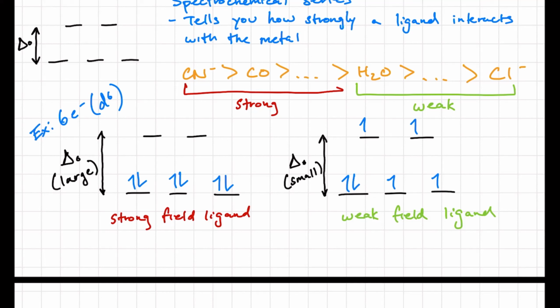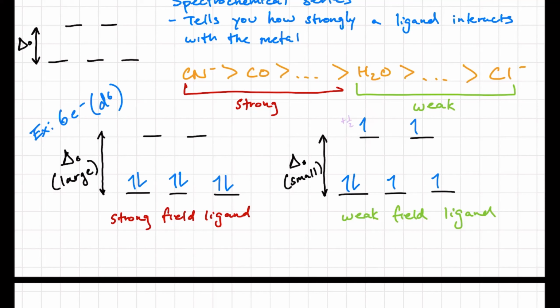And so this is where high spin and low spin come into play. High spin and low spin talk about how many unpaired electrons there are. Each electron with an upward arrow has a spin of plus 1/2.